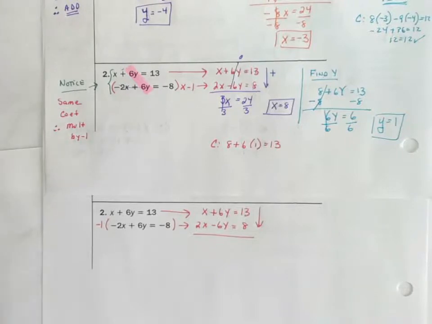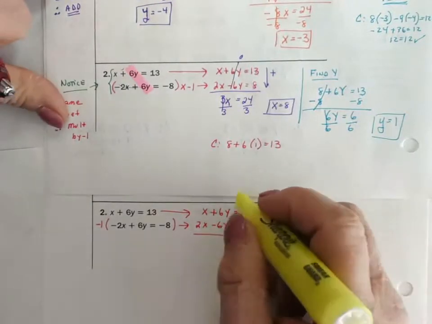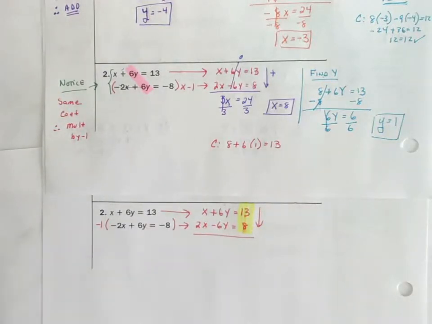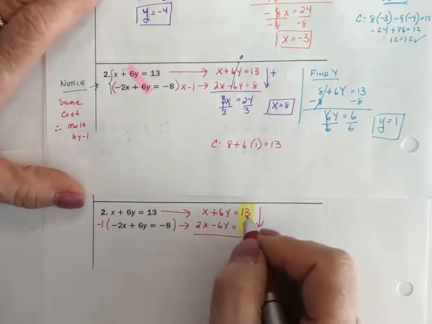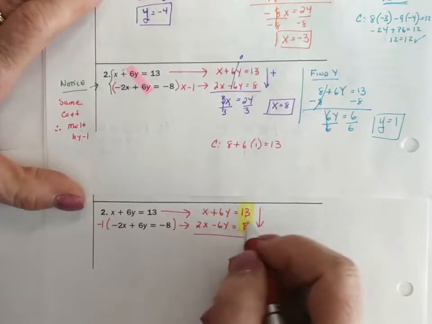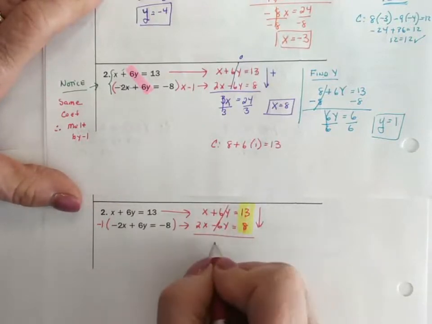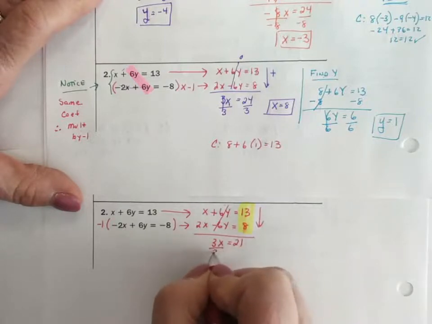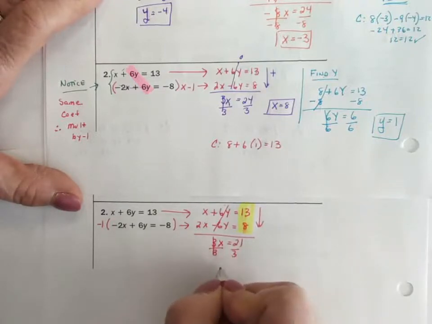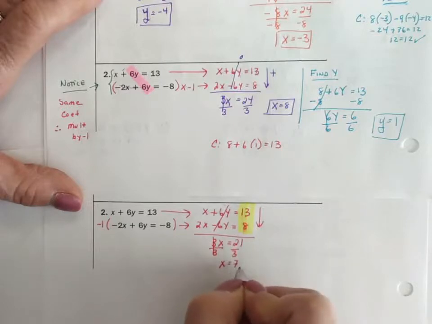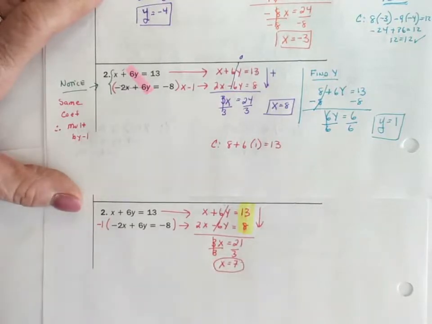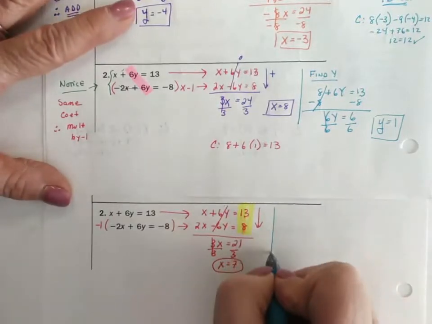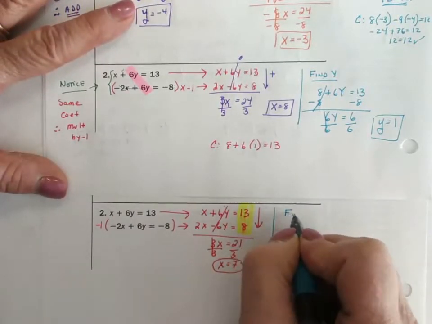My mistake is a simple arithmetic mistake. 13 and 8 is 21. This cancels out. 3x is equal to 21. Divide by 3. X equals 7. And this is an example of exactly why it is so important to check your work.